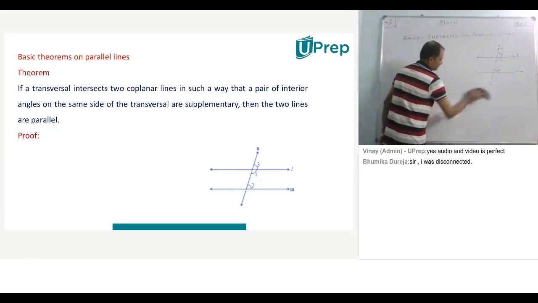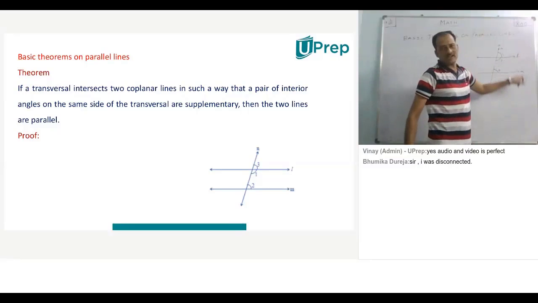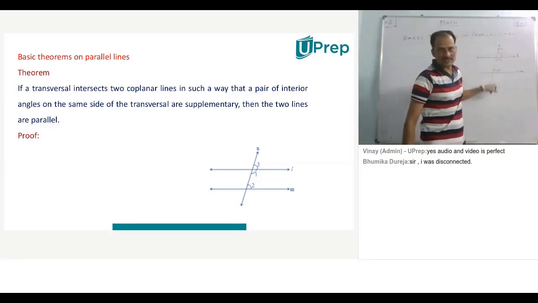Means what? L and M are parallel and N is the transversal.